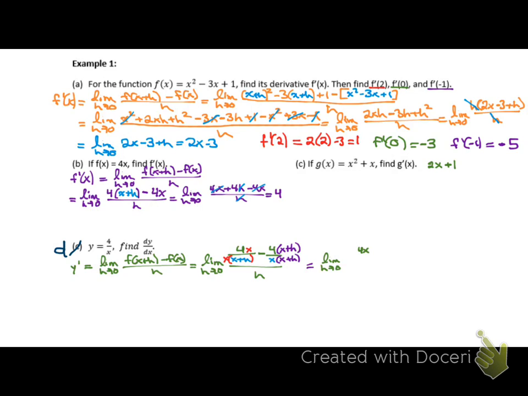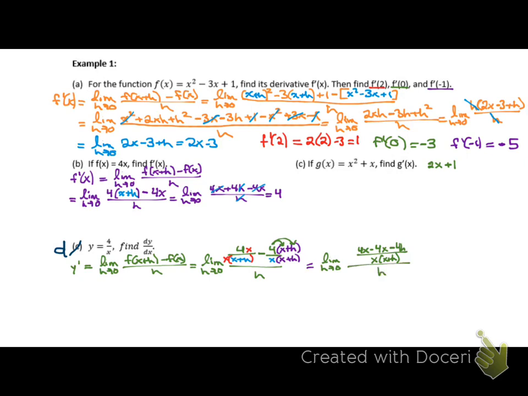Now remember, it's minus 4 times x plus h, so we're going to distribute the negative 4x here and here. So it's going to be negative 4x minus 4h all over x times x plus h. And that is all over h.